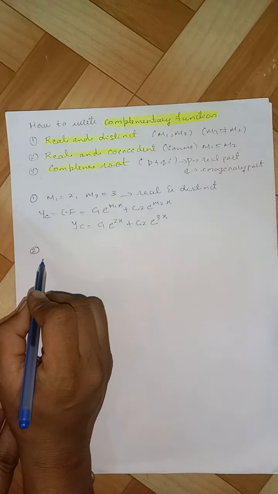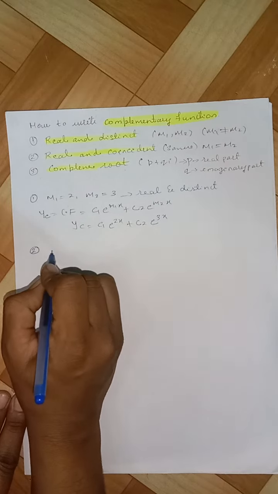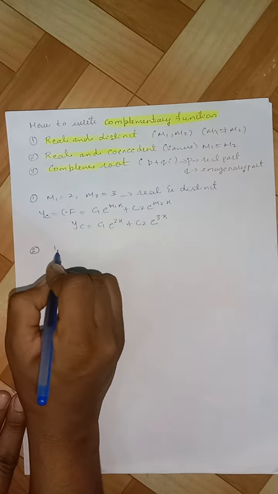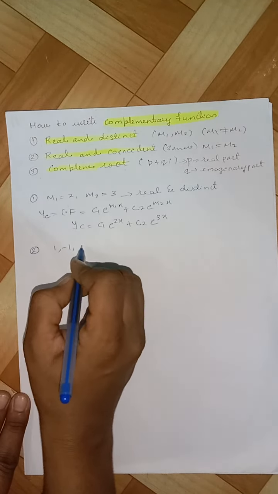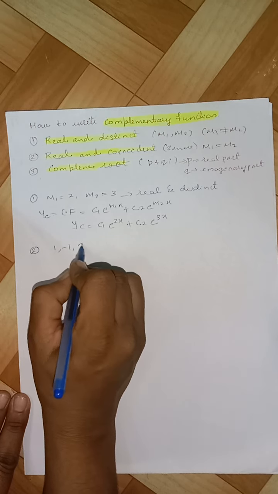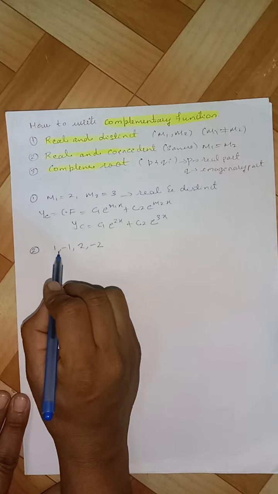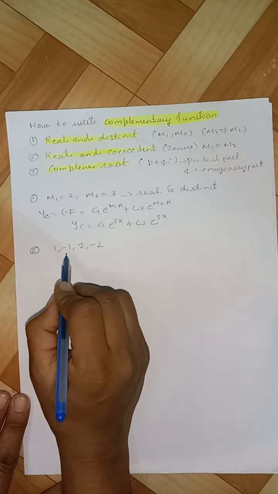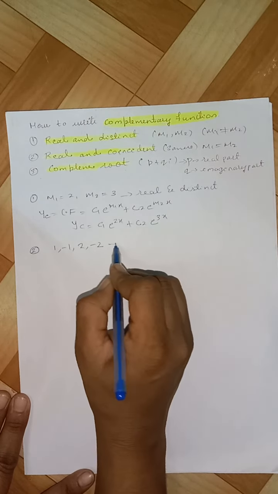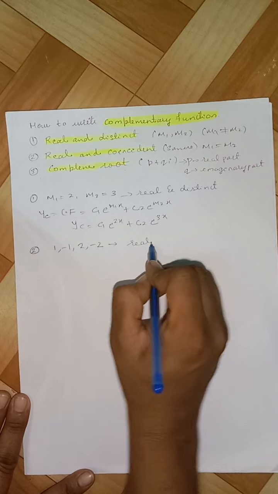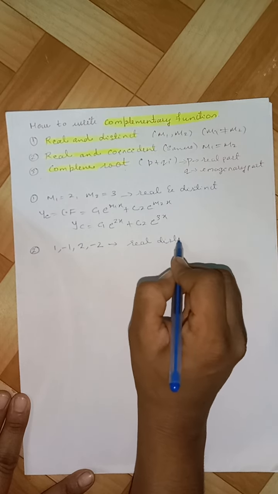Let us consider second example where the roots are given as 1, minus 1, 2, minus 2. So totally how many roots are there? There are 4 roots. All are different. So I write they are real and they are distinct.